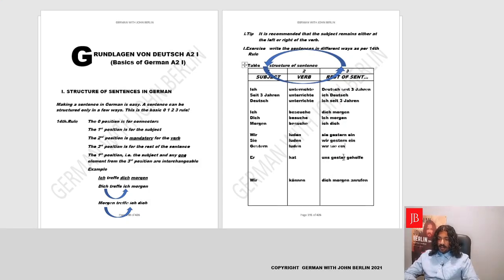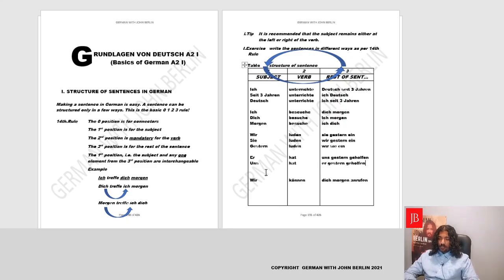Fantastic. Hat uns gestern geholfen. He had helped us yesterday. Now we'll exchange gestern and uns. So we'll start with uns, and then we'll say hat, that's the verb. Then we'll say the subject. Uns hat gestern geholfen.